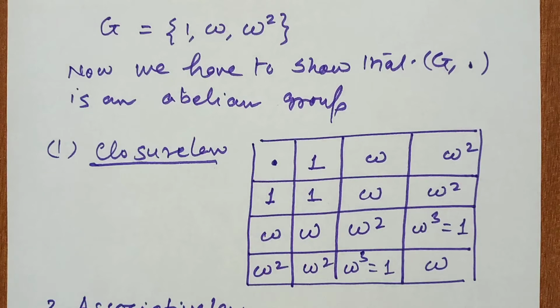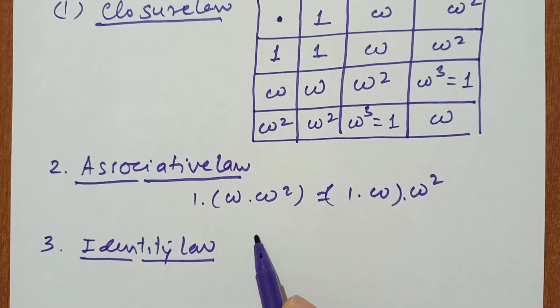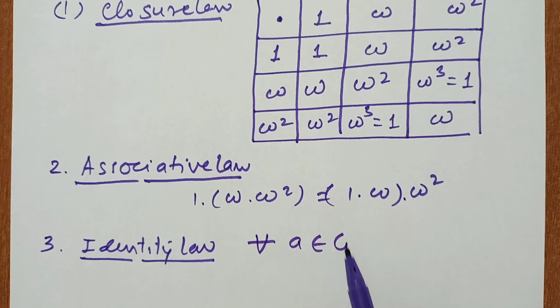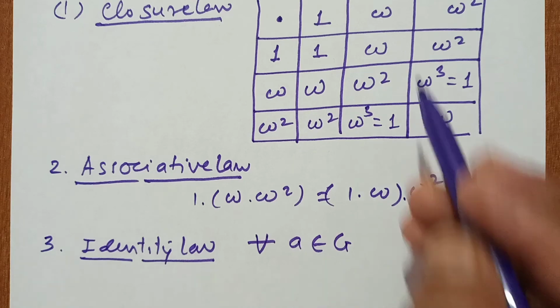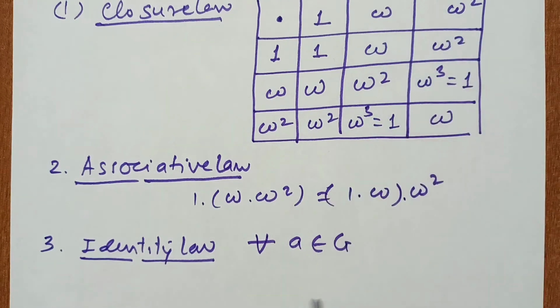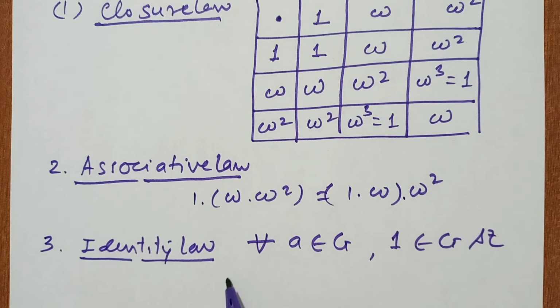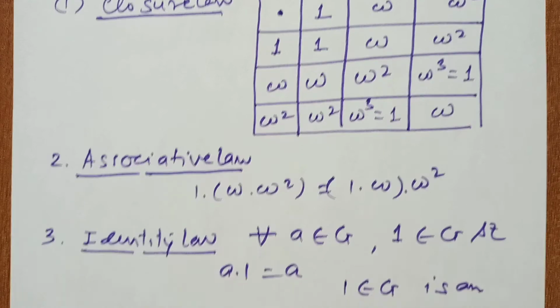So we write: for every element a of G, where a can be omega, omega square or 1, there exists 1 in G such that a · 1 = a. In multiplication 1 is the identity, so in our set 1 is present. Here 1 belongs to G and is the identity of G.